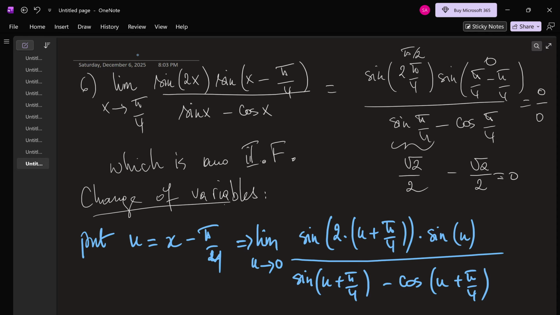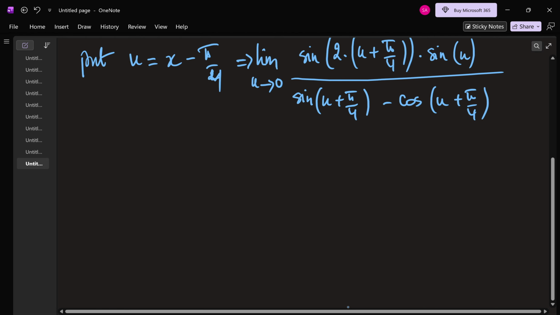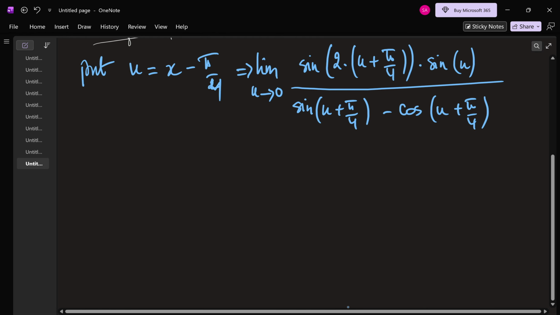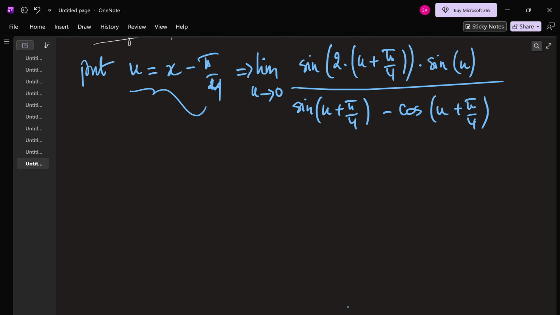We will do some calculations here. So the first one, since we are using this change of variable, when x approaches pi over 4, u will approach the value 0.